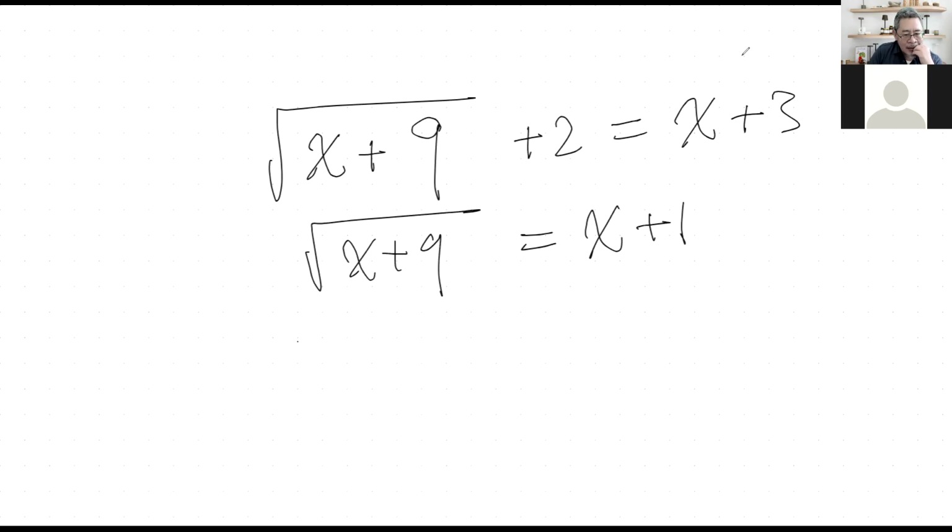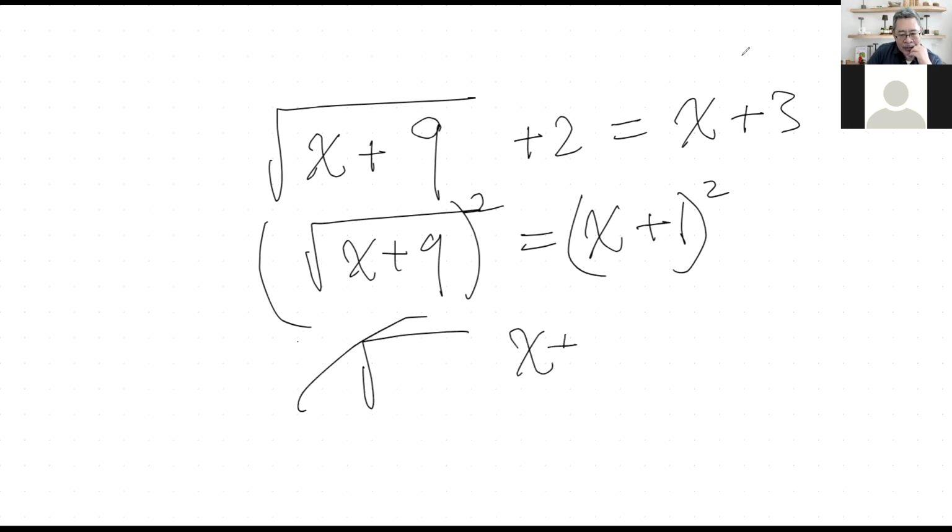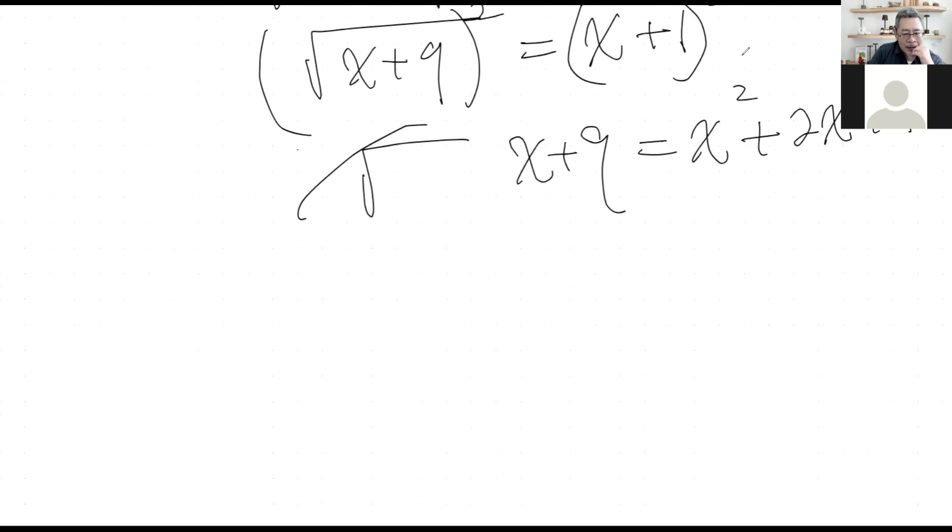Yep. Then we square on both sides. What we got here is this side is x plus 9. The other side is x squared plus 2x plus 1. So we rewrite it as x squared plus 2x plus 1 equal x plus 9.